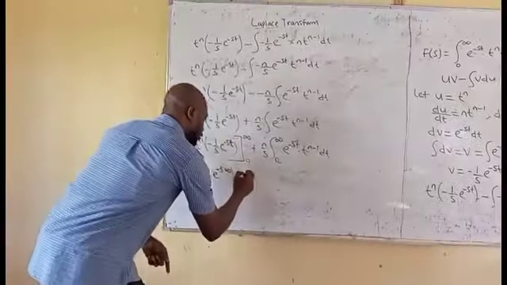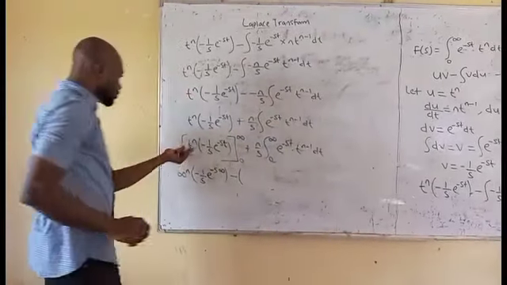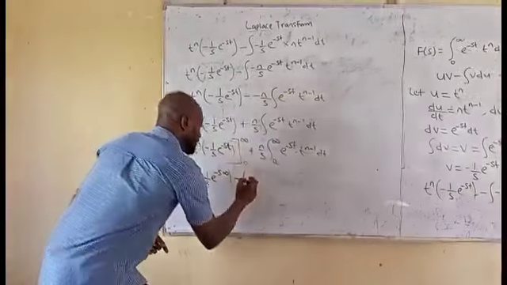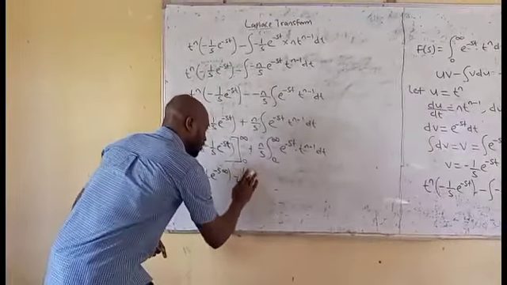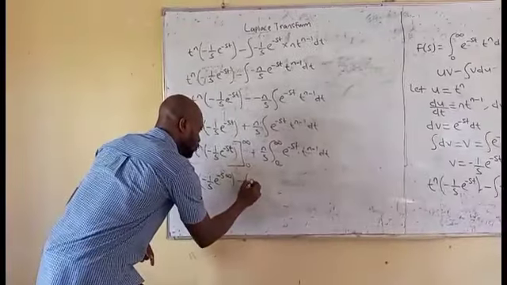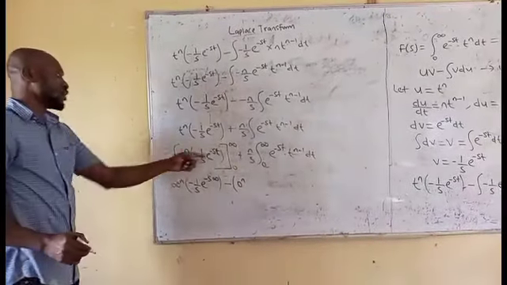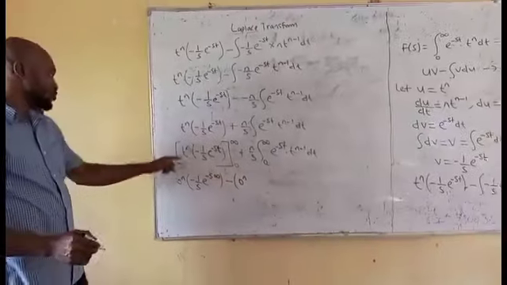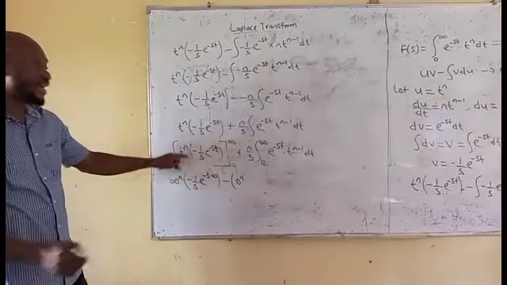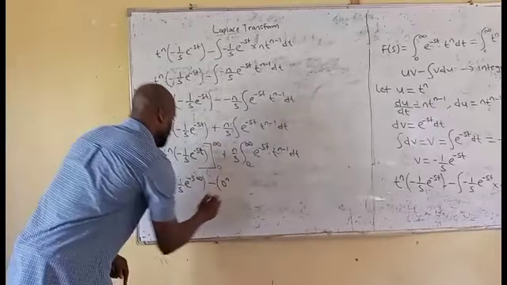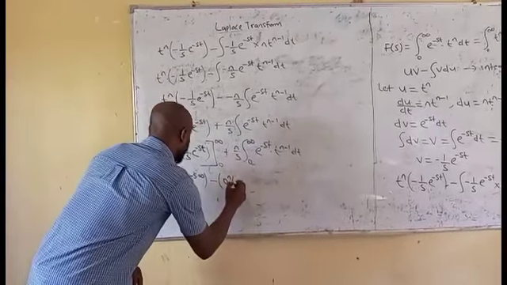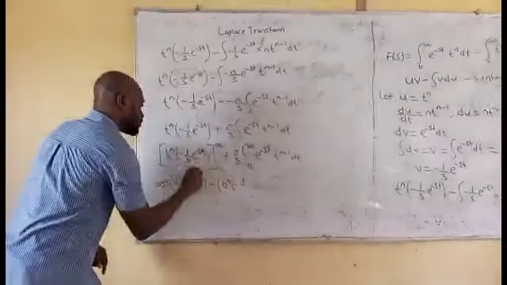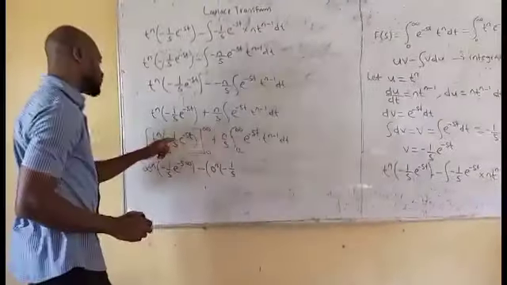My lower limit now, I will still include everything here. So I will still start with my t. My t raised to the power of n now will be 0 raised to the power of n, because I'm on the lower limit, and my lower limit is 0. So I have 0 raised to the power of n, and then multiplied by minus 1 over x.